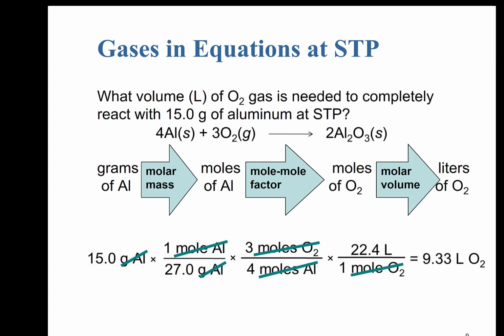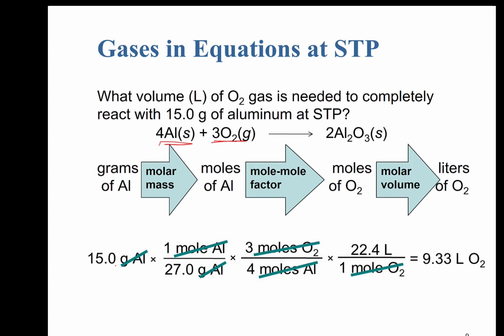I'm going to use my molar mass to get moles of aluminum. So these are like these 3-step problems that we were doing with gram to grams. Now I can use my mole to mole ratio to go from moles of aluminum to moles of oxygen, because my ratio is going to be 3 of oxygen to every 4 of aluminum. And then once I have moles of oxygen, I can go to liters of oxygen using that molar volume at STP.